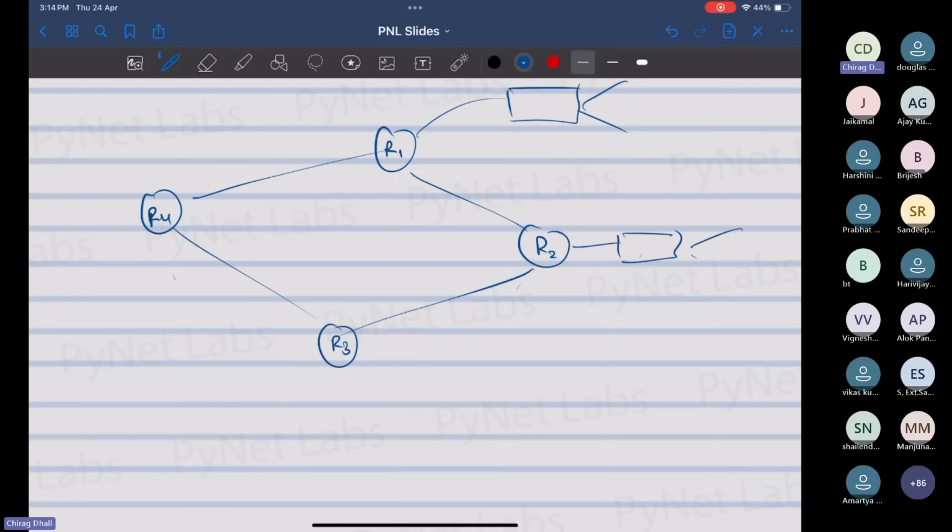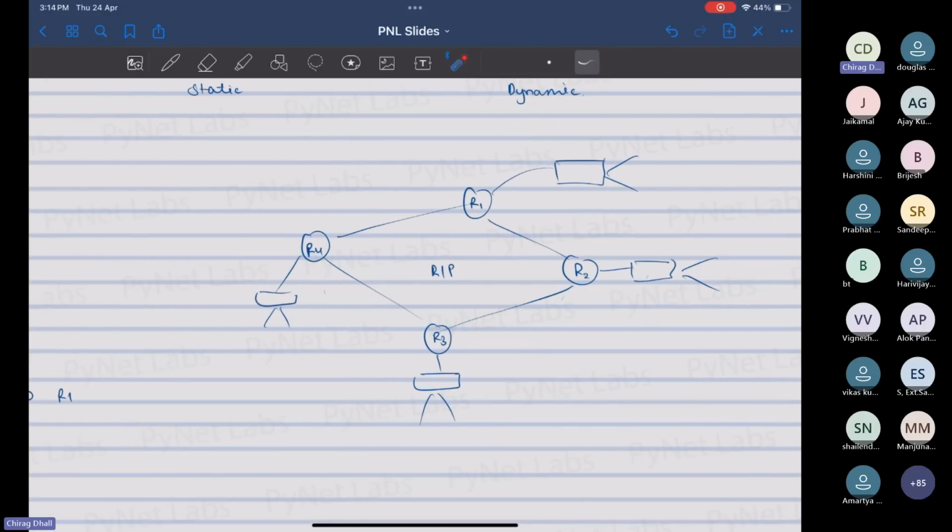Now I told you to configure these networks and use the routing protocol RIP to make them all communicate with each other, right?